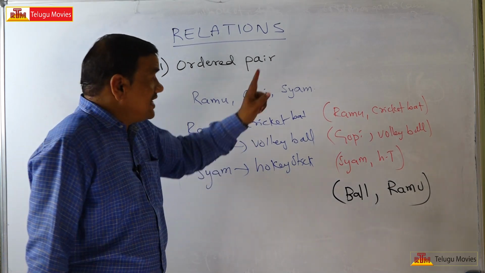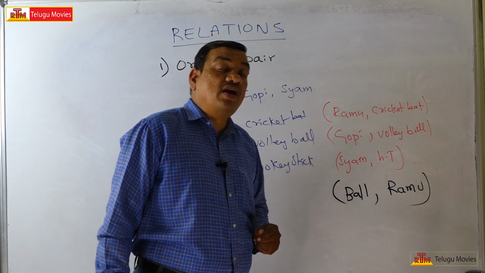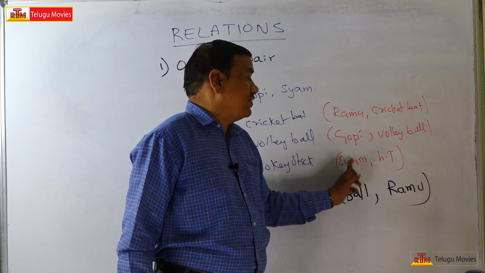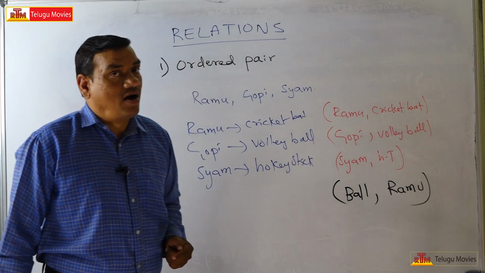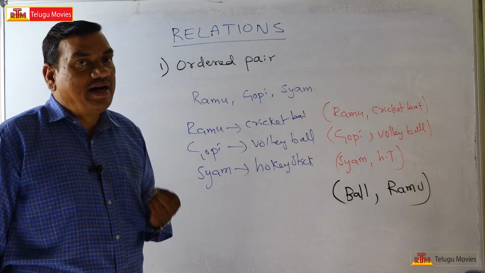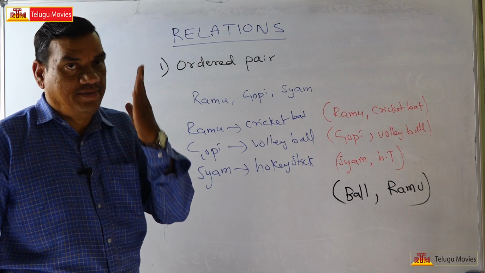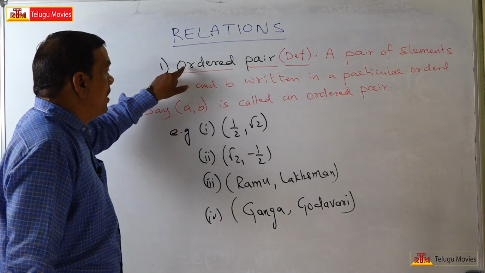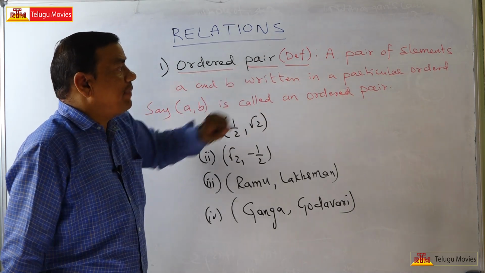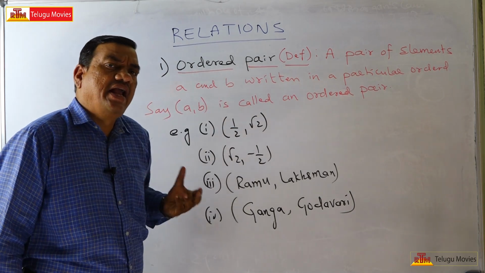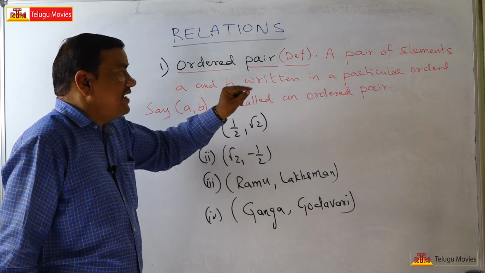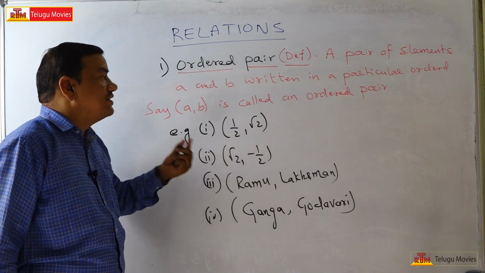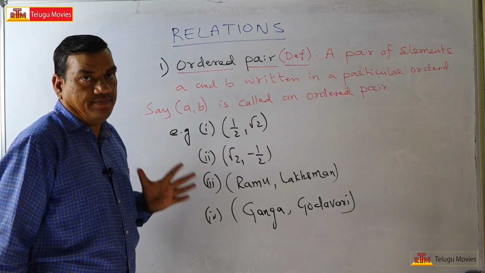Understand this? So any pair of elements A and B which are written in a particular order is called an ordered pair. Let me write the definition of ordered pair. Dear students, coming to the definition: a pair of elements A and B, written in a particular order, say (A, B), is called an ordered pair.